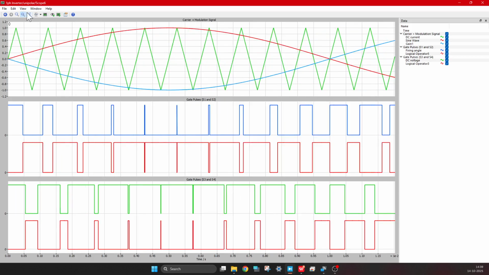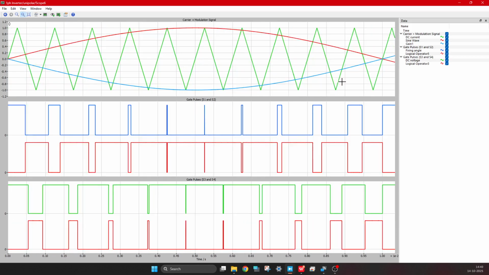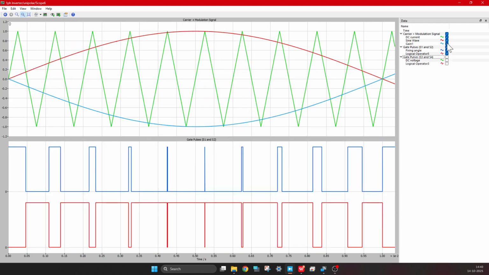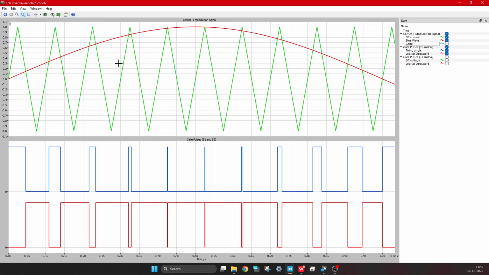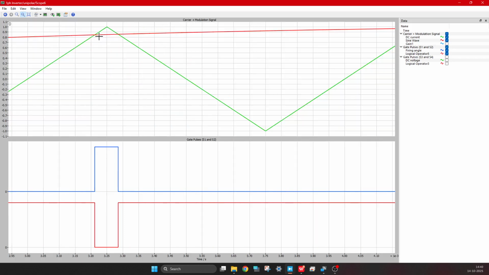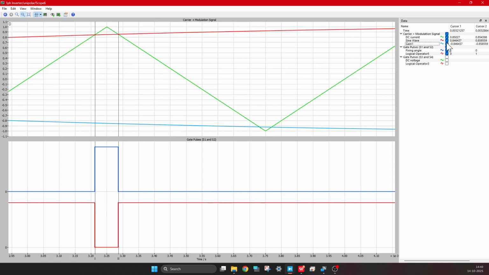So S1 and S2 correspond to the red one. Let me show you this by deleting the blue one. You can see that these crossings are perfectly matching. Now at this point, the blue sine wave does not have any impact on these two pulses, S1 and S2.